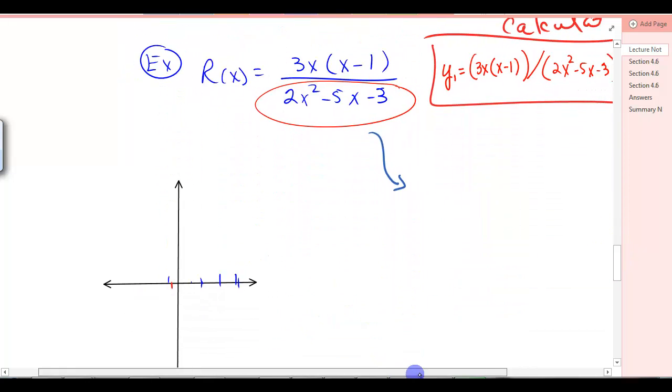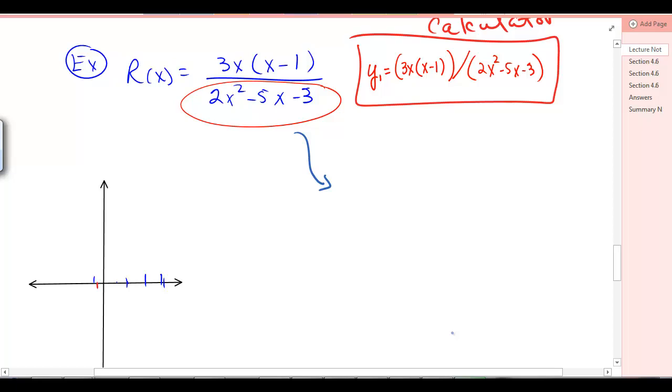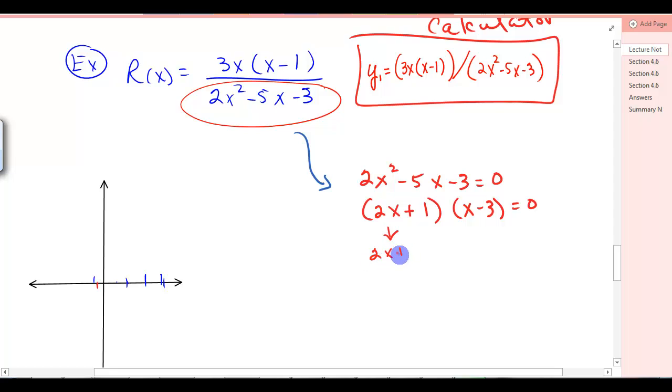Let's do this one. On this one, it's not as easy, it's not as apparent to get the vertical asymptote, but we can still do that. All right, so we're going to go down here and take this and put it equal to 0. Factor it. So on this part, we have 2x plus 1 equals 0. 2x equals negative 1.